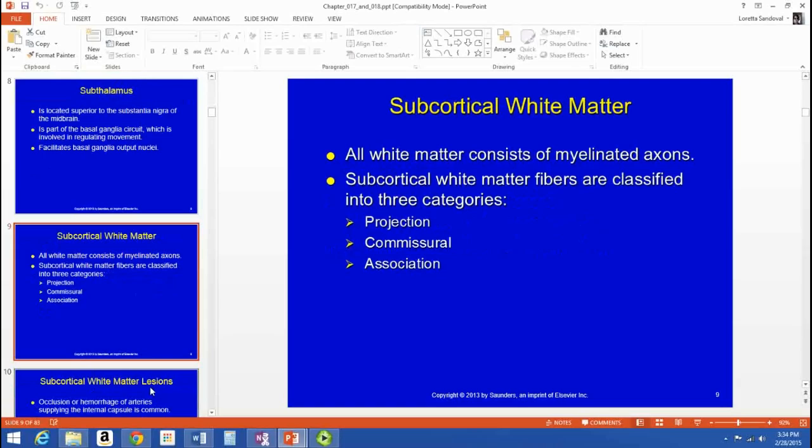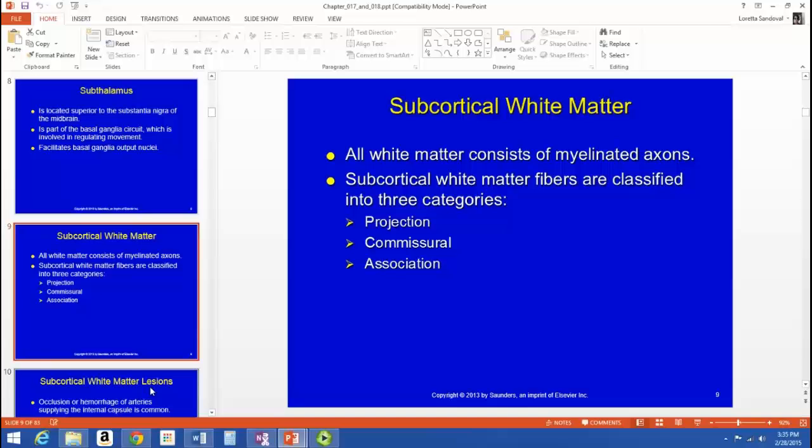Subcortical white matter, it's white matter, and all white matter consists of myelinated axons. That's why it's white, because myelin is high in fat. Gray matter is unmyelinated cell bodies and that sort of thing. So the subcortical white matter fibers are classified into 3 categories. And again, I'm not really going to test you on these. I'm just exposing you to the information.